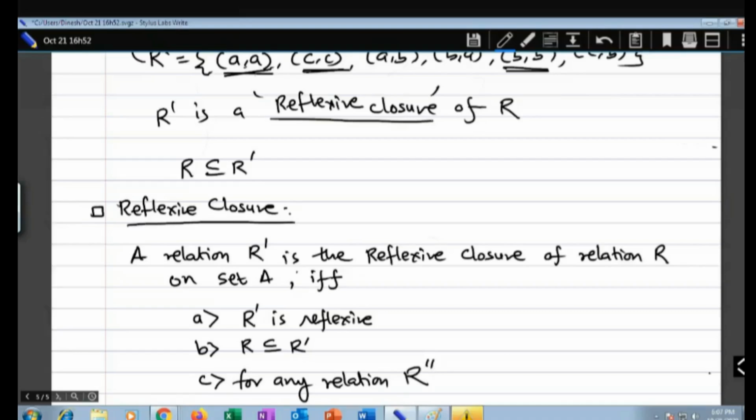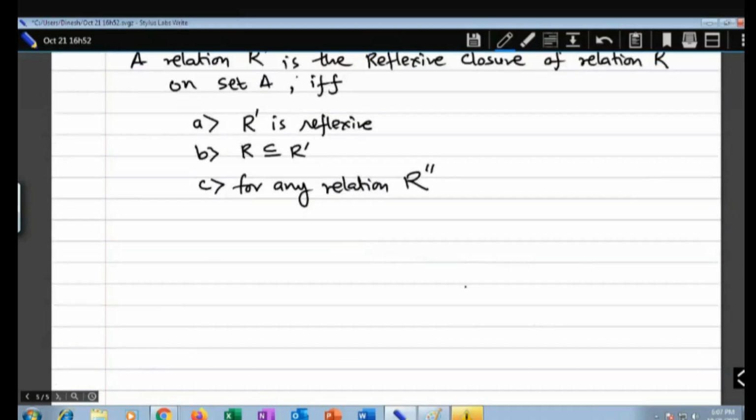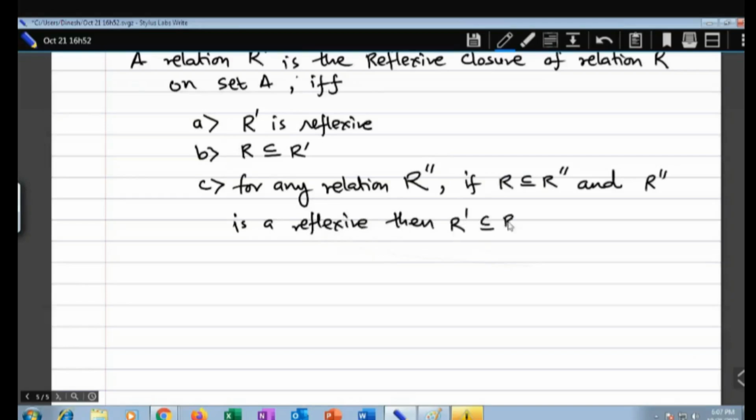R double dash. Okay, now this is interesting. If R is a subset of R double dash and R double dash is reflexive, then R dash is a subset of R double dash.